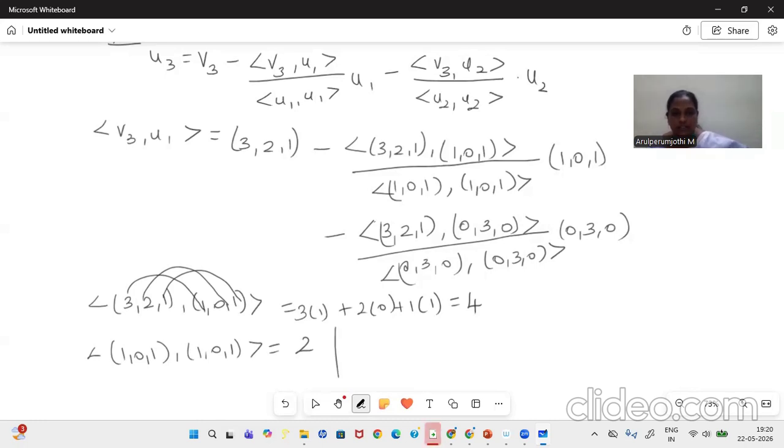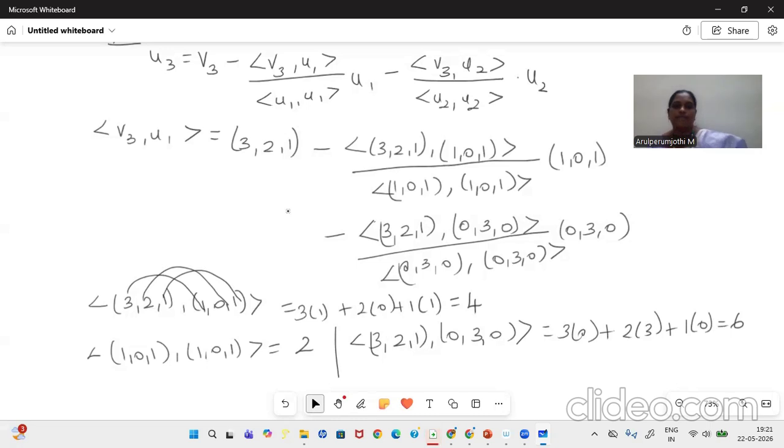So next we'll find the inner product of (3, 2, 1) and (0, 3, 0). Now if you simplify this, it is 3 times 0 plus 2 times 3 plus 1 times 0. So the answer is 6.